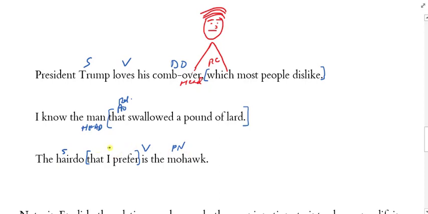It's modifying the hairdo. The relative clause, RC, modifies the head, hairdo. If I were to say, I prefer the hairdo, I'm referring to the same thing as the hairdo here. In other words, the relative pronoun and the hairdo are co-referential. They refer to the same thing.